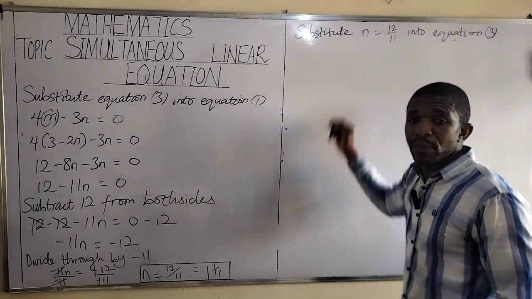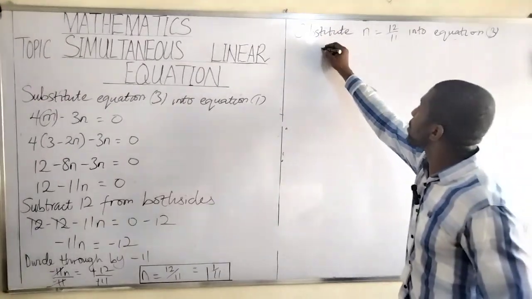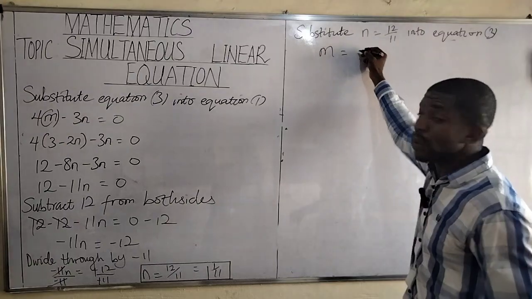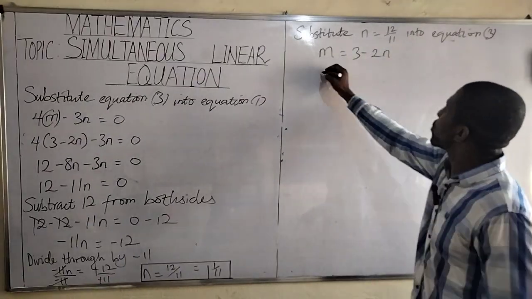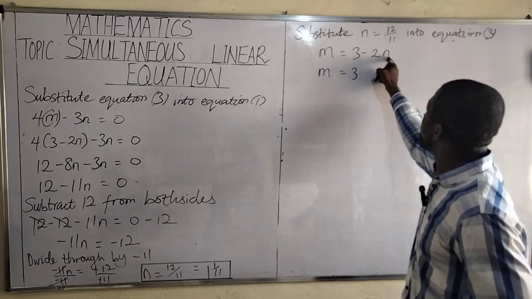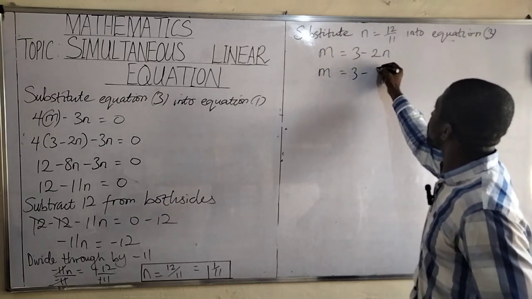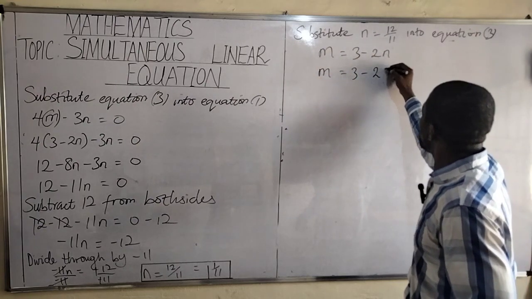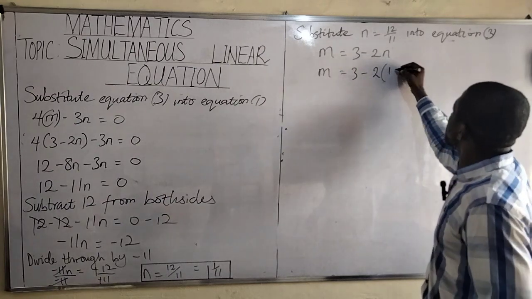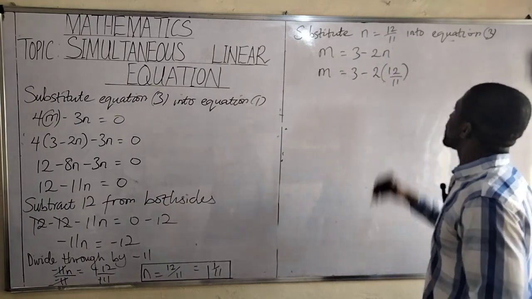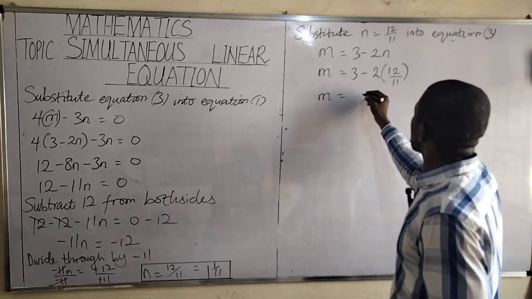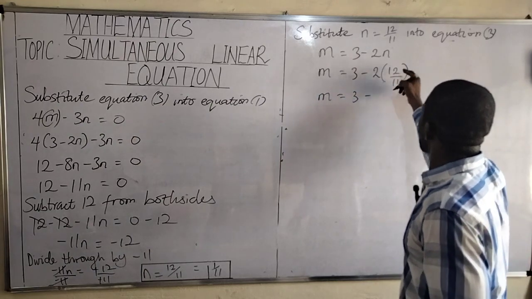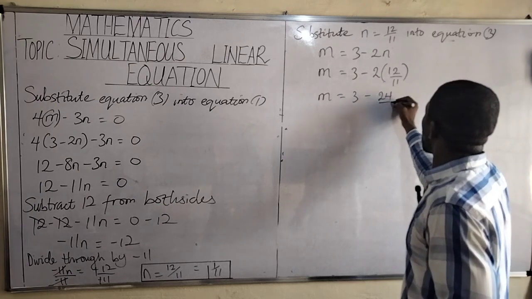Our equation 3 is m equal to 3 minus 2n. So m will be 3 minus 2 times 12 over 11. We get m equal to 3 minus 2 times 12, which is 24 over 11.